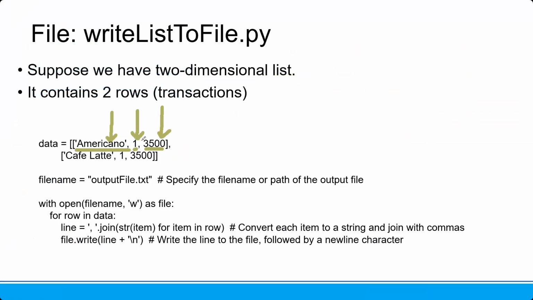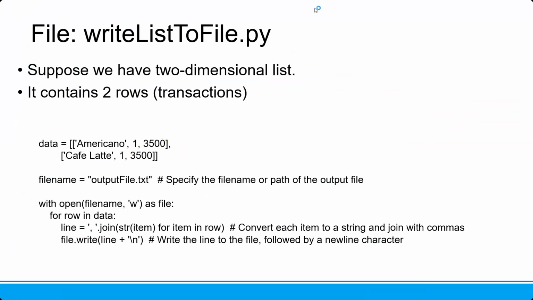Then from this data, I can say that we have the menu name, which is Americano. And then I have the quantity, which is 1. And then this is the price, 3,500.